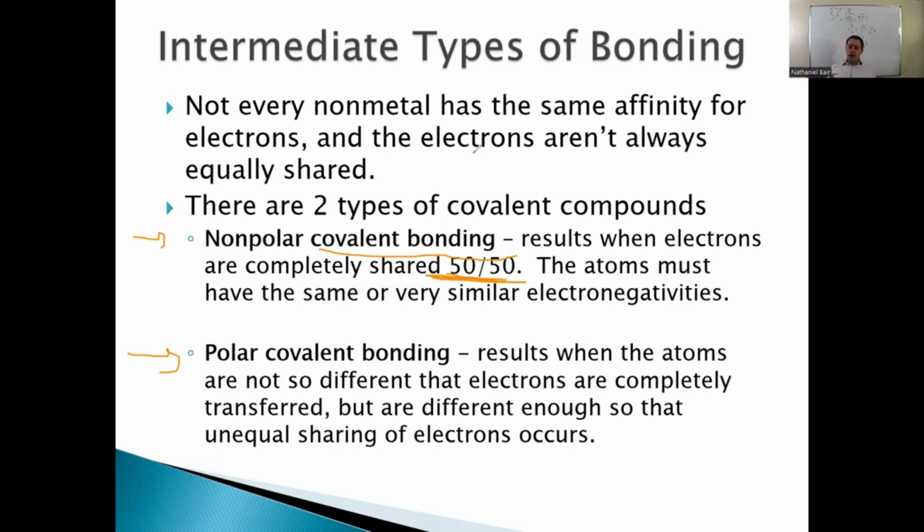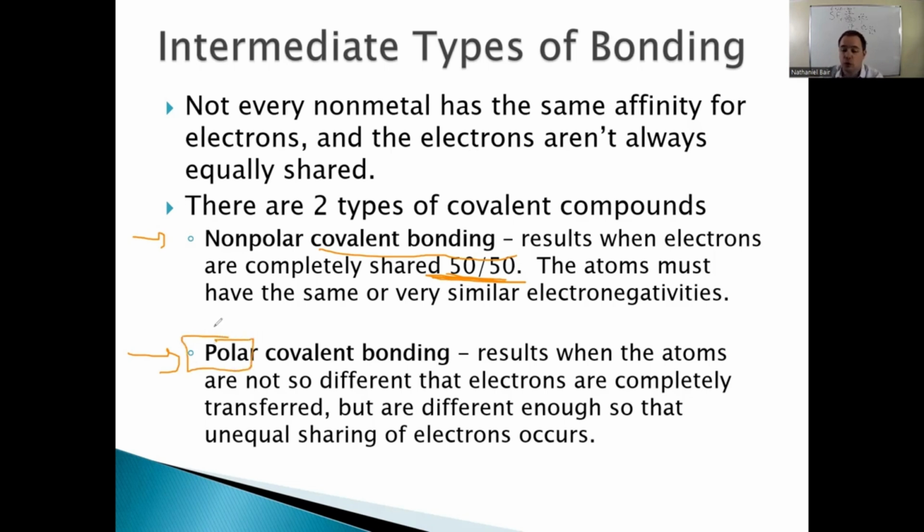They can, that kind of utopian society where everybody shares equally, that's called a nonpolar covalent bond. But most bonds are actually polar covalent bonds where the two atoms do not share equally.